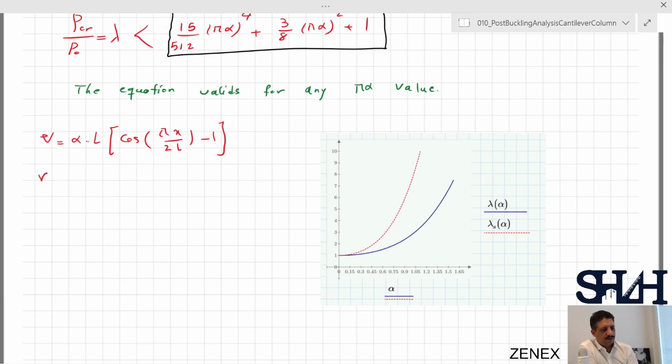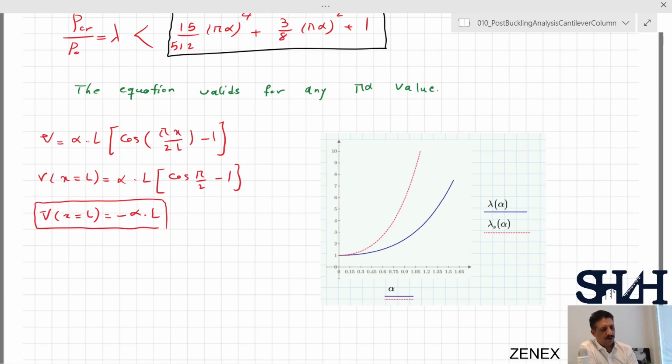Now if I calculate V at x equals L, it will be alpha L cosinus pi over 2 minus 1. So V at x equals L will be minus alpha L. So we can see that alpha is representing the displacement at the tip as a portion of the length. So it's displacement. In the other way, we had the rotation or delta. So it's related to the same concept.